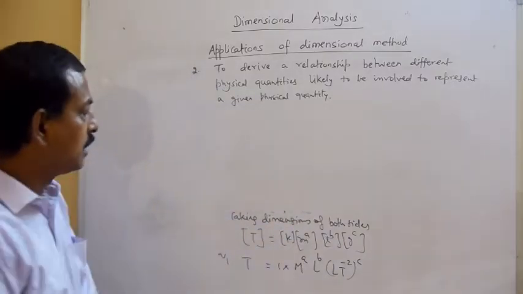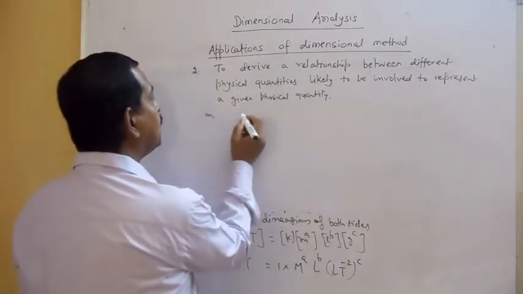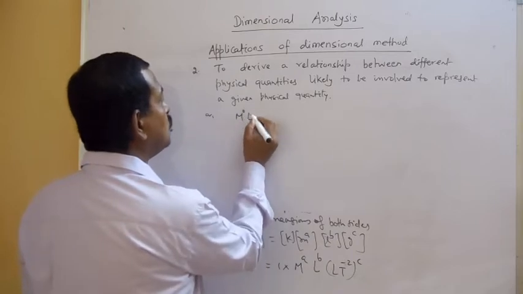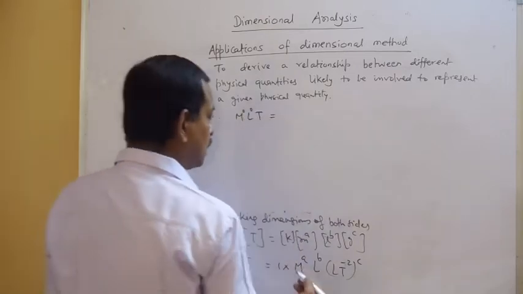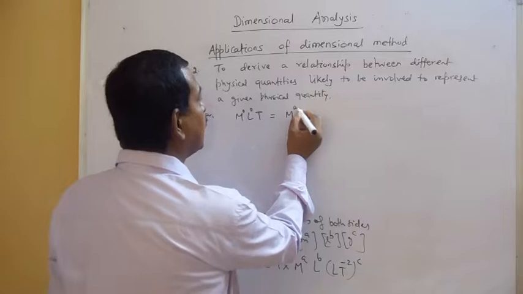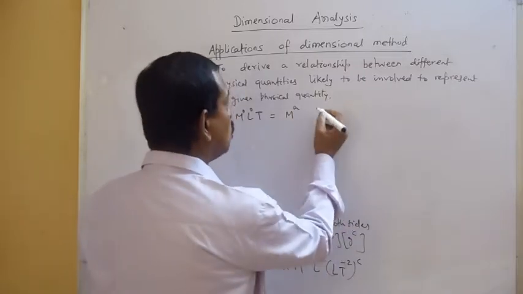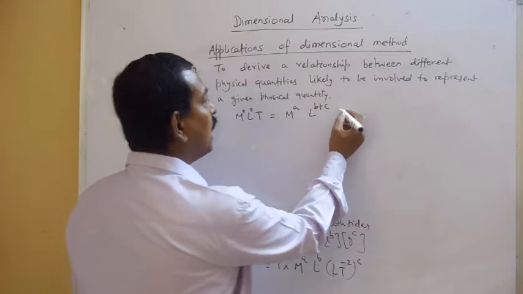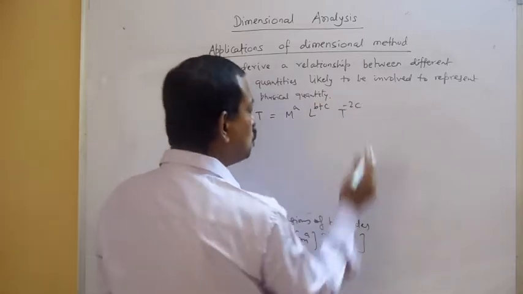that on the left side, it is T. So it can also be written as M0 L0 T. This is M power A, and here it is L power B plus C. B is here, C is here, and T power minus 2C.